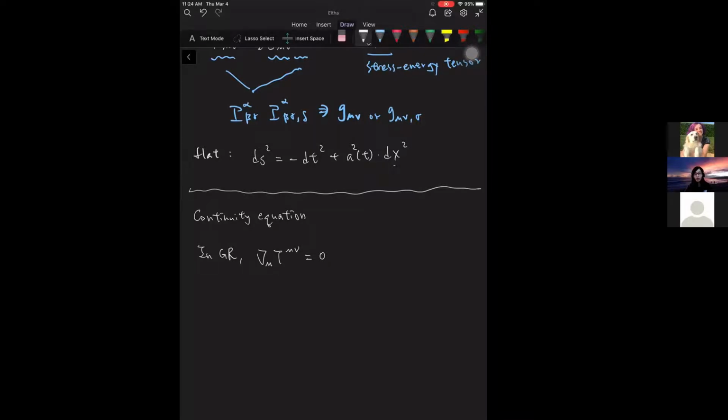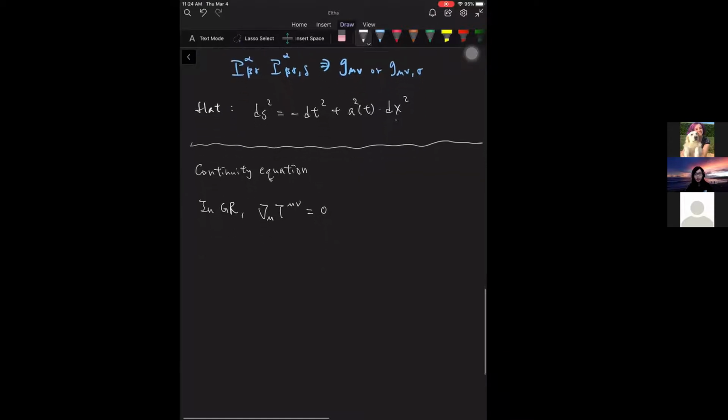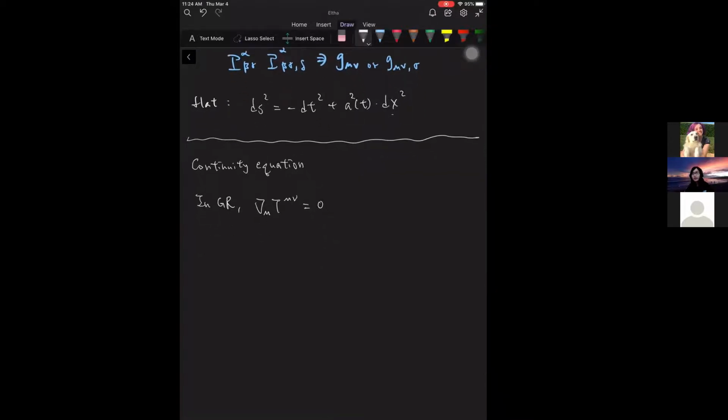Without using general relativity, we can also derive this using the first law of thermodynamics, which is also the energy conservation condition, right? So instead of using GR, we will use the first law of thermodynamics.